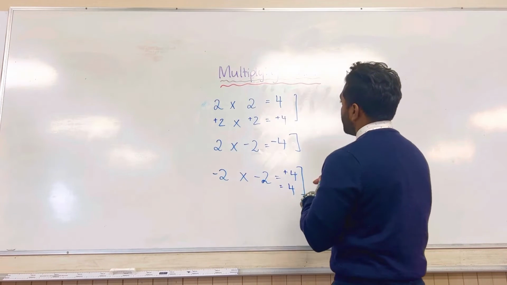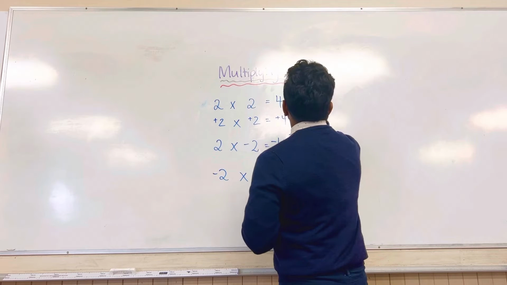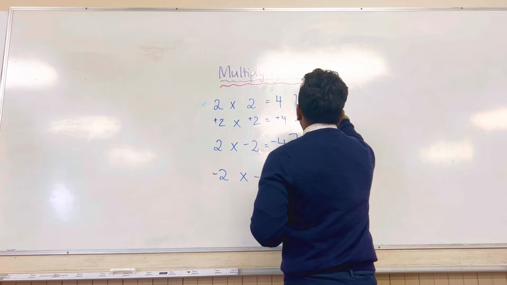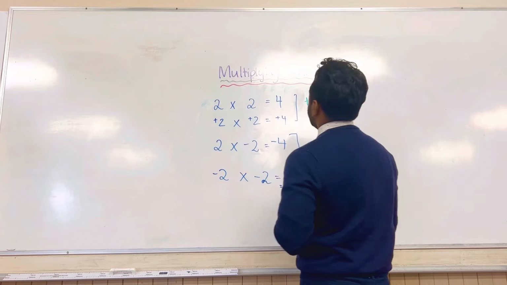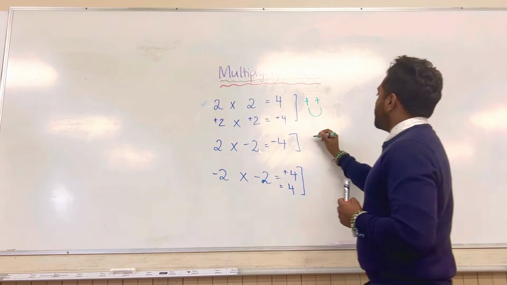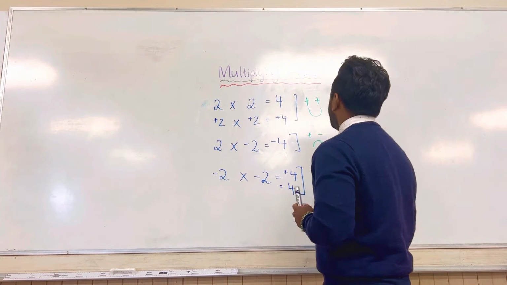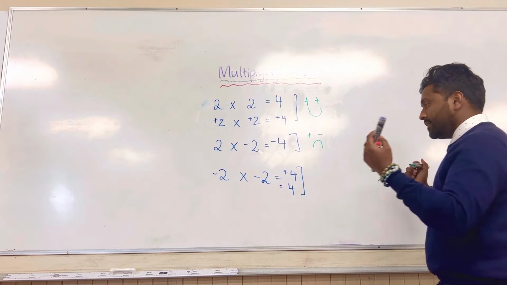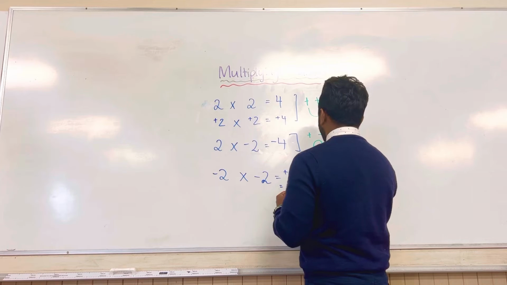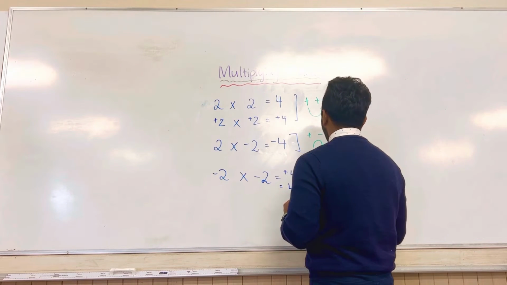So basically we've got here two positive numbers, and when they multiply, they're going to be positive. A positive and a negative number is going to be a negative when they multiply. Now, when you multiply two negative numbers, it's going to be a positive.